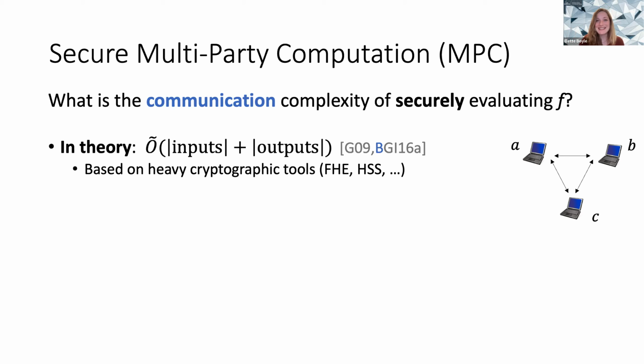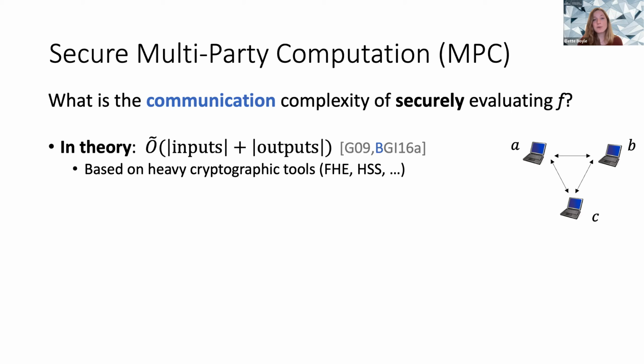Okay, so I wrote this as "in theory" because these indeed are beautiful theoretical results. But despite a lot of amazing progress in optimizing these things, at the end of the day, they're based on relatively heavy cryptographic tools, so fully homomorphic encryption and so forth. And this puts a lot of limitations in terms of the practical feasibility of these things.